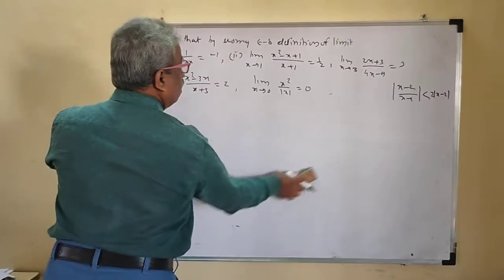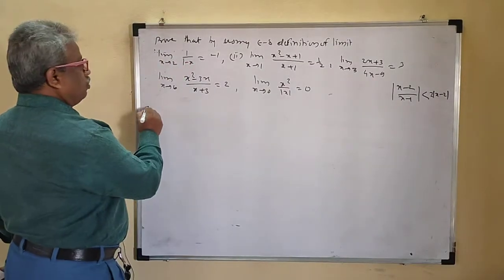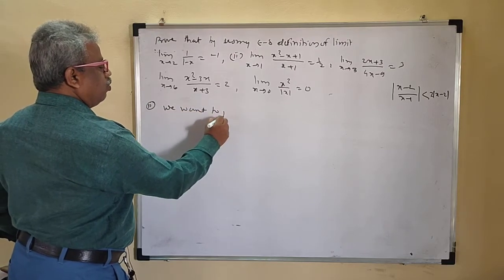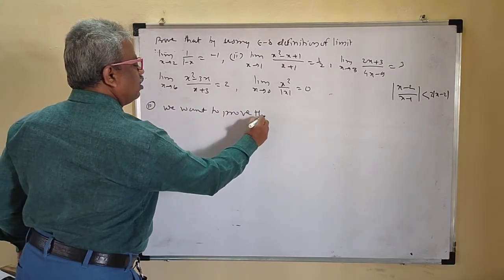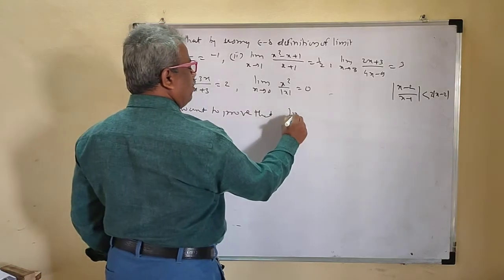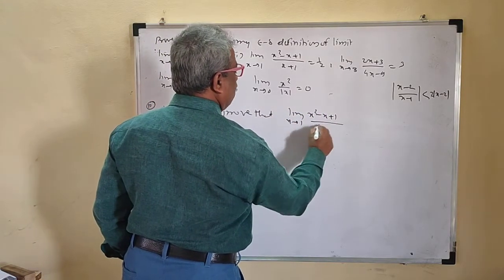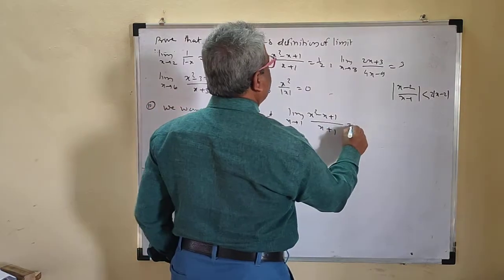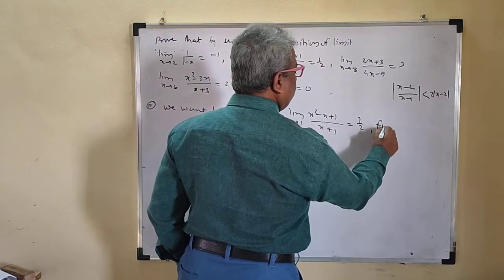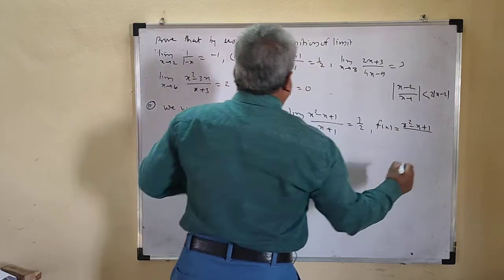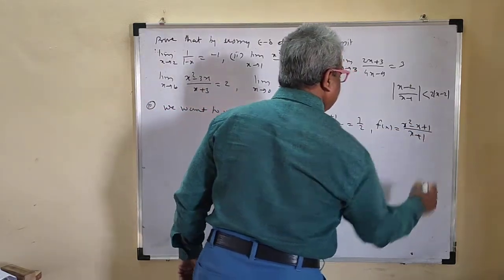We'll do the next one, the second one. We want to prove that limit x tends to 1 of x square minus x plus 1 upon x plus 1 is equal to 1 half. So here your f of x is x square minus x plus 1 upon x plus 1.